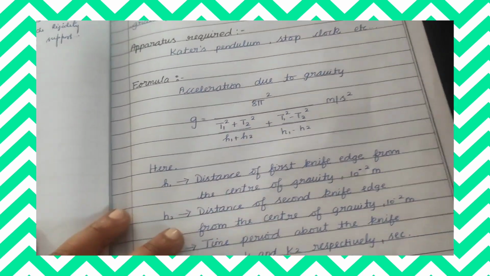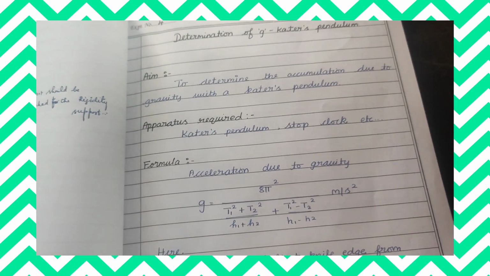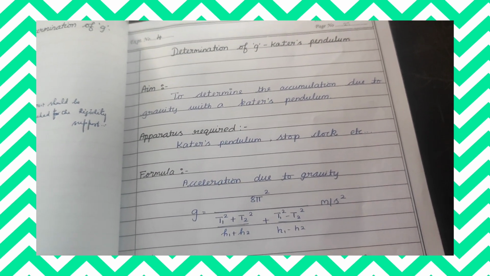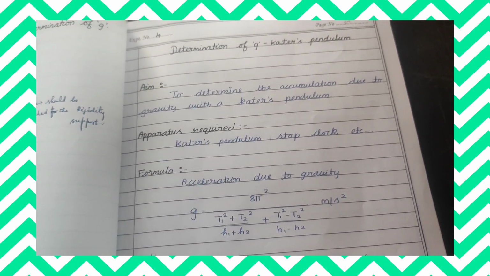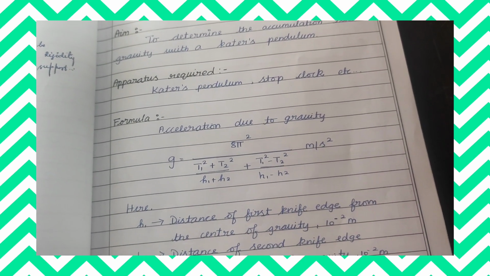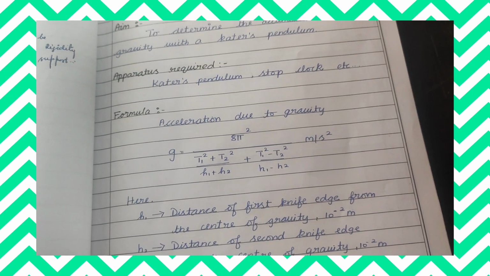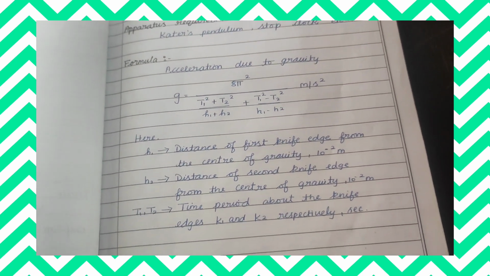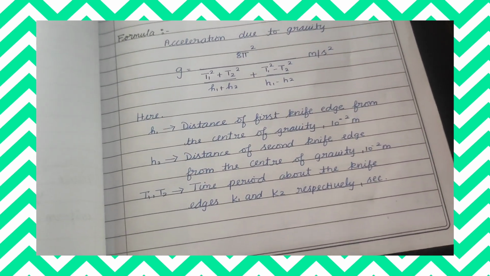After balancing on the knife edge, we can measure h1 and h2. We note down the point at which the pendulum is balanced, using a pen. From that point to the knife edge on both sides will be taken as h1 and h2.